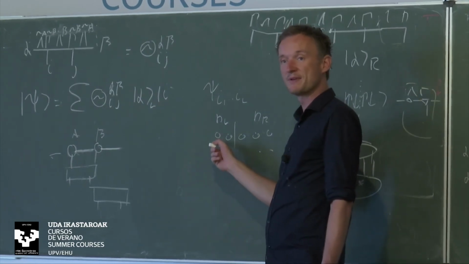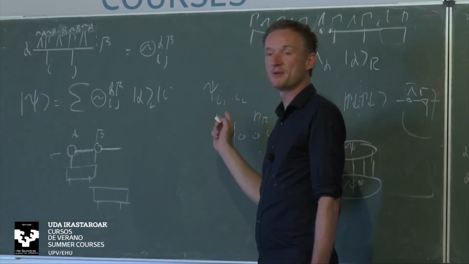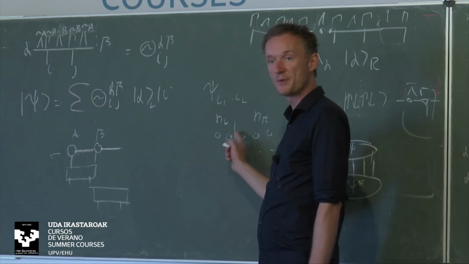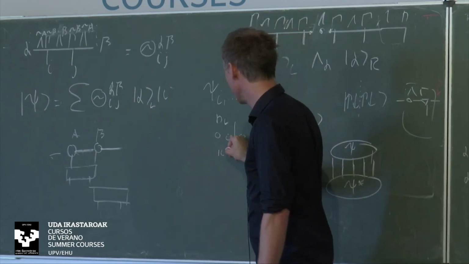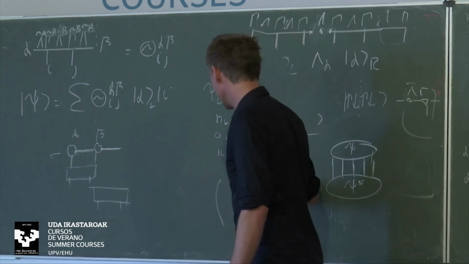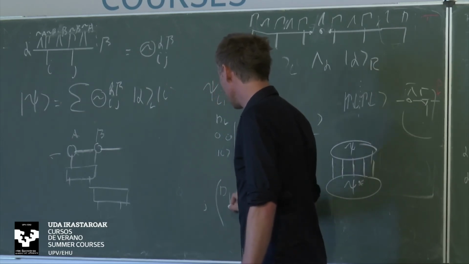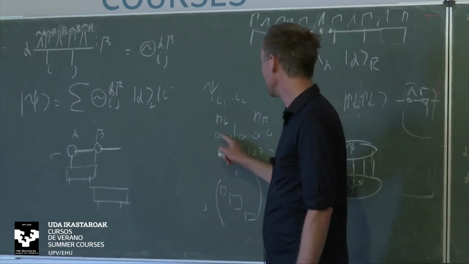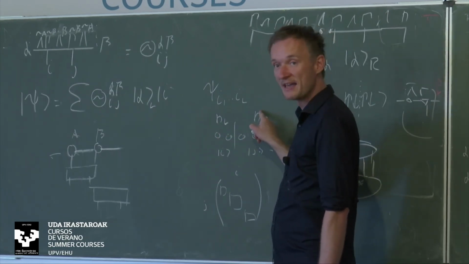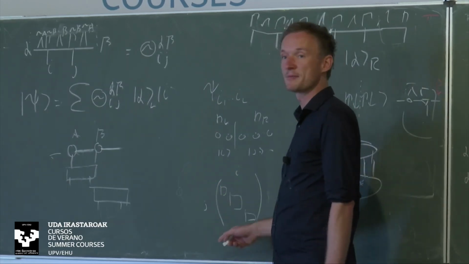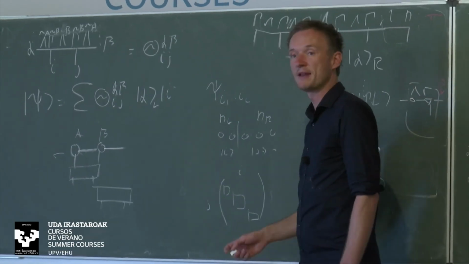You know at every given time that n left plus n right is equal to your particle number, which is conserved. So if you have some basis i here and a basis j here, and you write down the wave function in i and j, it will be block diagonal. You only have non-zero contributions whenever n left of i plus n right of j is equal to the total particle number. And this block structure is something that you can then use for accelerating these codes.